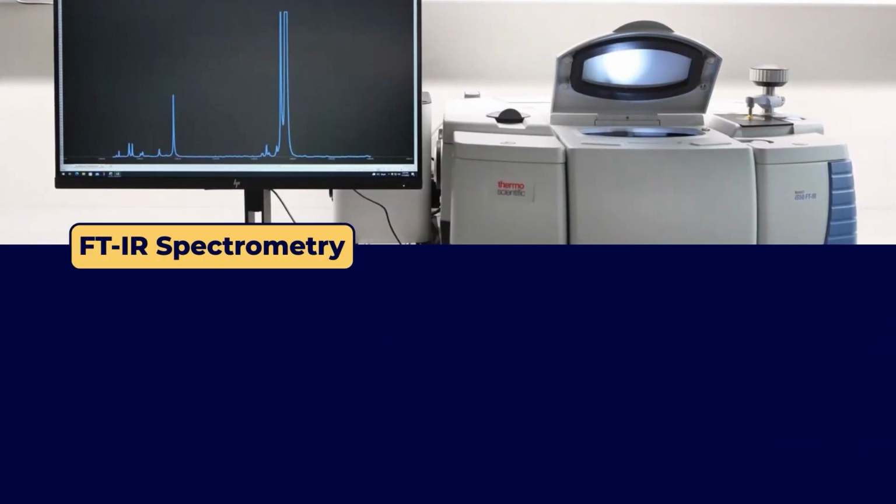Let's talk about another spectroscopic technique, that is FTIR. We have already talked about what infrared does. It vibrates the molecules. So infrared spectroscopy is basically for radiations from 400 centimeter inverse to 4000 centimeter inverse.